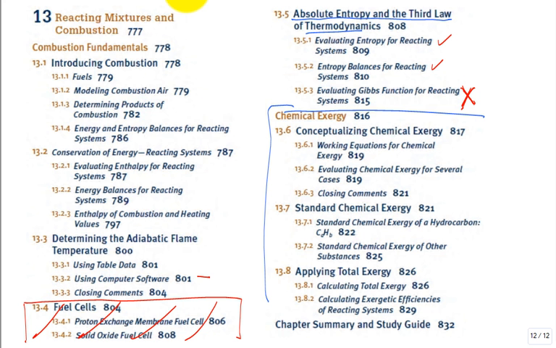How about using computer software? I wish I had time to give you a project, but no computer software is used. But the rest of it is yes, yes, yes on the adiabatic flame temperature, conservation of energy for reacting systems, enthalpy of combustion, heating values, all that yes, yes, yes. And just what are fuels and modeling air and products of combustion and getting that balanced reaction equation. All yes, yes, yes, yes.